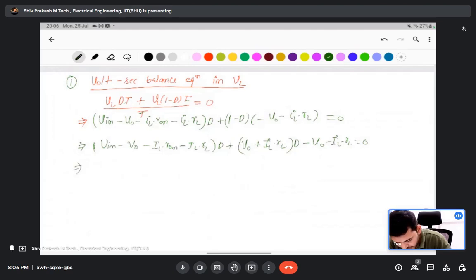Multiplying by D: V in minus D V naught minus D IL into R on, minus D IL into RL, plus D V naught plus D IL into RL, minus V naught minus IL into RL, is equal to 0.